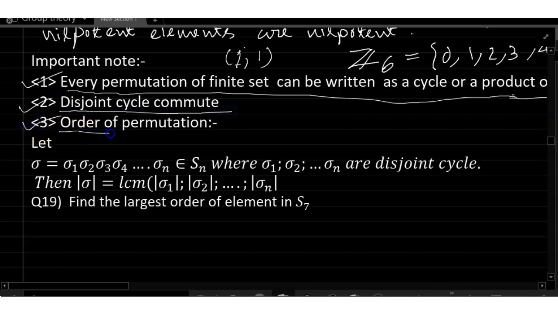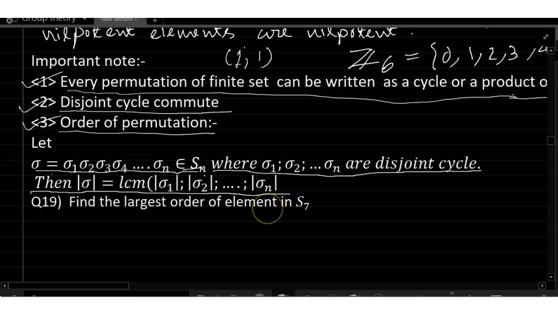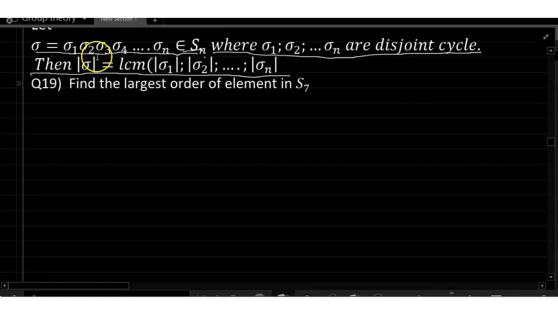Order of permutations: let sigma equal sigma 1, sigma 2, sigma 3 up to sigma n, where sigma 1, sigma 2, sigma n are disjoint cycles. Then the order of sigma is equal to the LCM of the orders of sigma 1, sigma 2, up to sigma n.